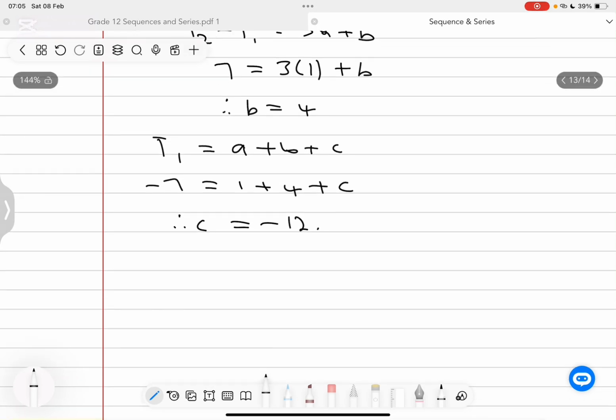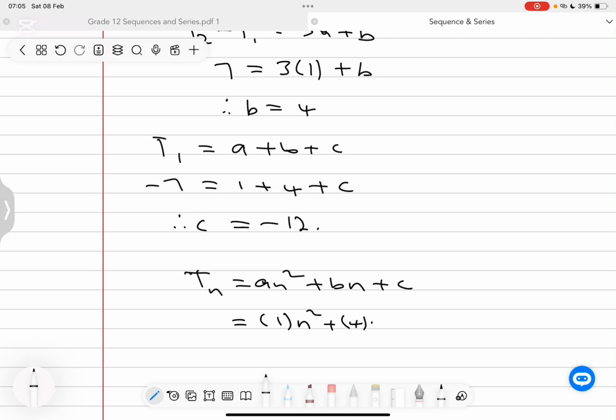At this stage, I'm going to take my formula of a quadratic sequence, which is given by an squared plus bn plus c. Our a is 1 and we have n squared. Our b is 4 and we still have the n there. And the c here is minus 12.